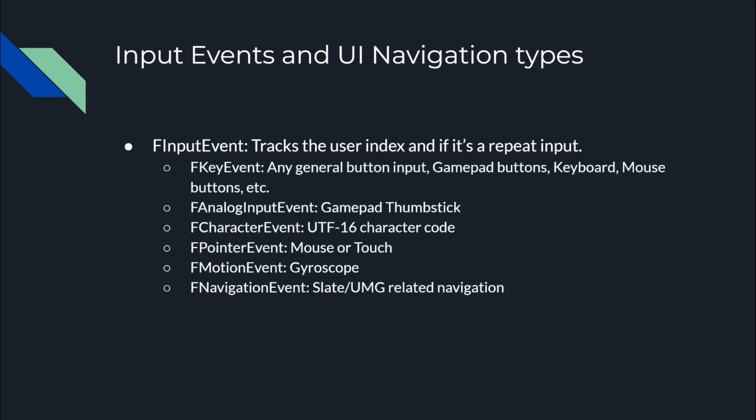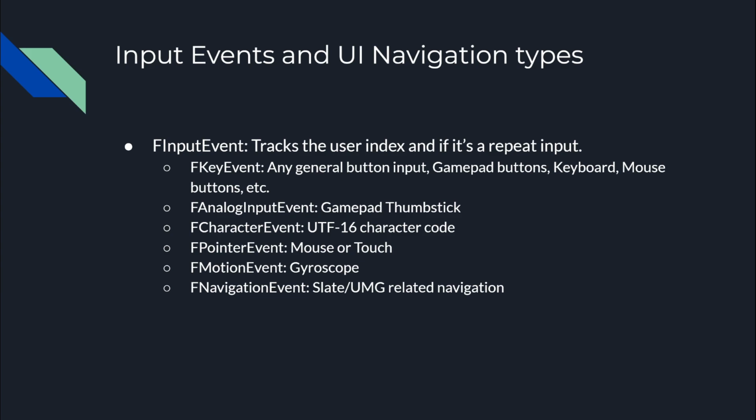So these are the general types, the child versions of input events. They all inherit from it. There's key event, which is any general button input like gamepad buttons, keyboard and mouse, etc. Then there's analog input events. These ones are like gamepad thumbsticks where you have something that's always happening where it can be 0 to 1 to -1 and so forth.